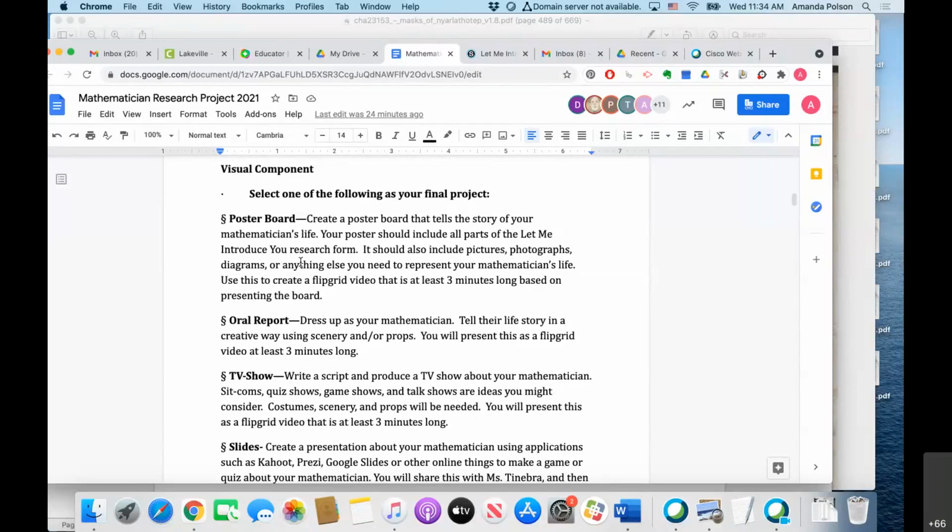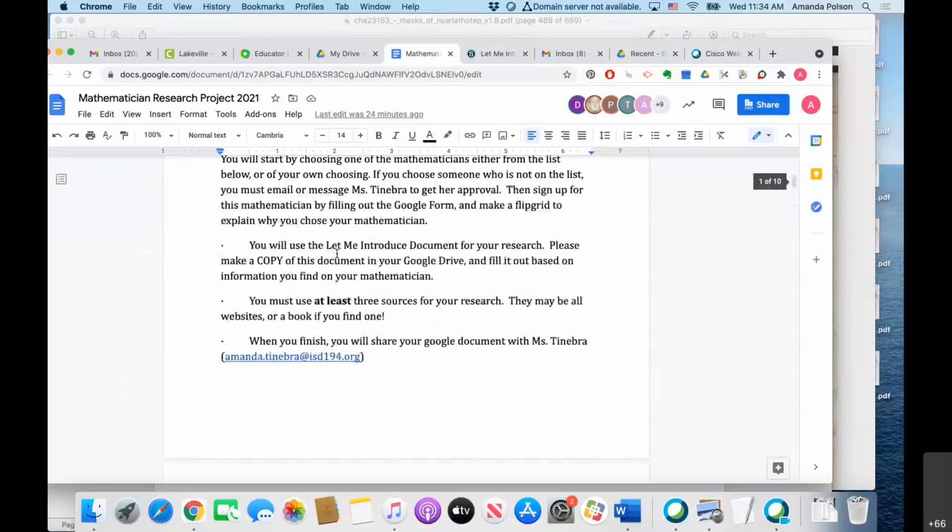And yes, you can use notes in your presentation, note cards or something to help you. Note cards are a great idea. You don't have to memorize this at all. Having note cards or a sheet of note paper to help you as you do your presentation is a great idea.